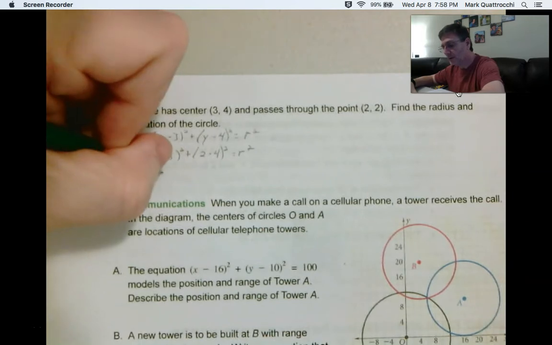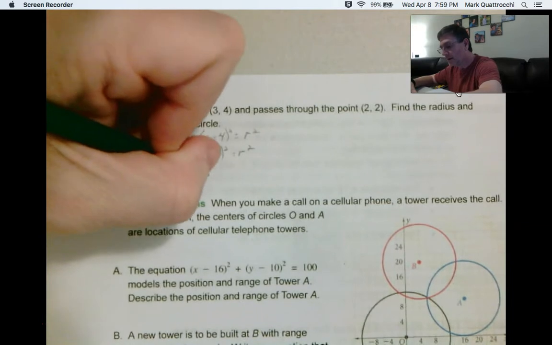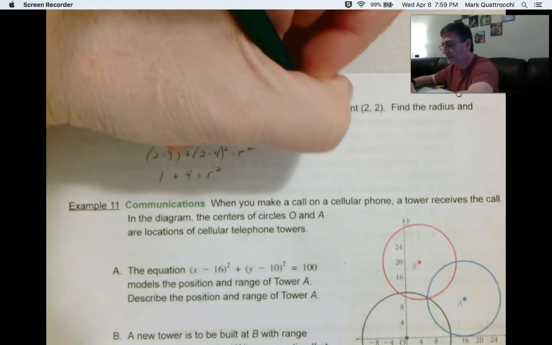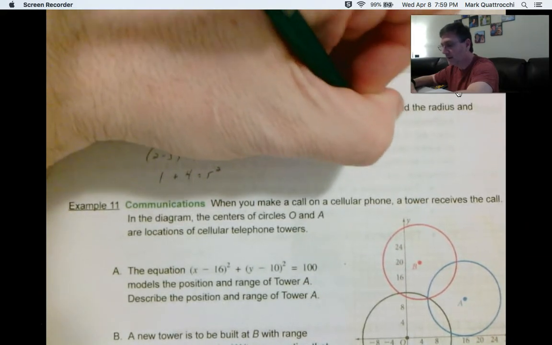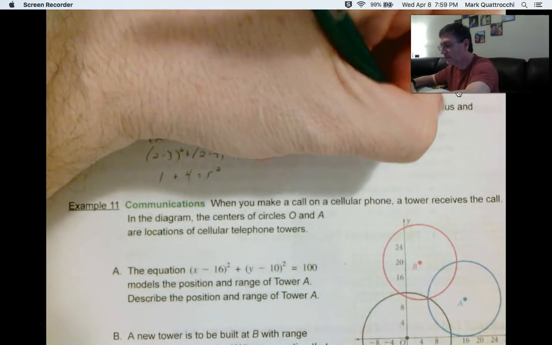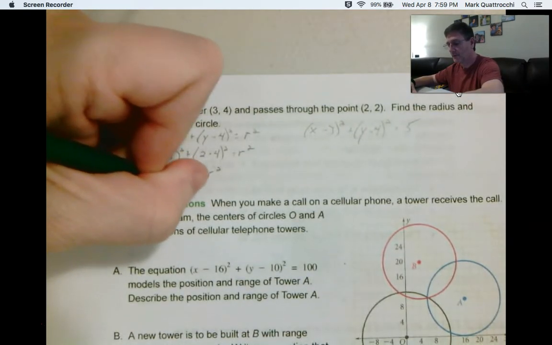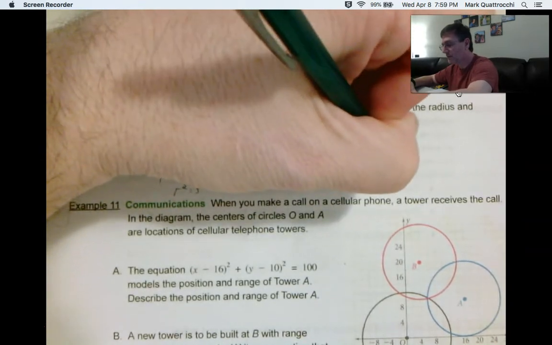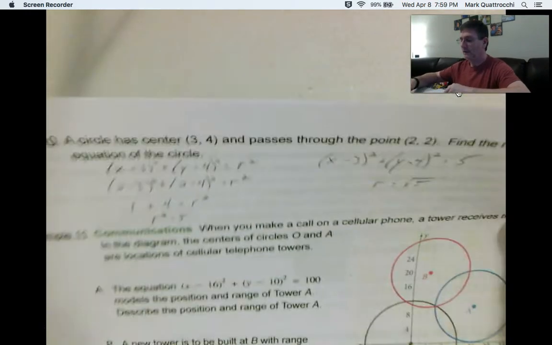Negative 1 squared is 1 plus negative 2 squared is 4 equals r squared. So we have the equation x minus 3 squared plus y minus 4 squared equals 5. R squared equals 5. Therefore, r is equal to square root of 5.